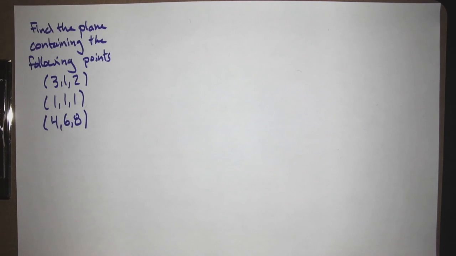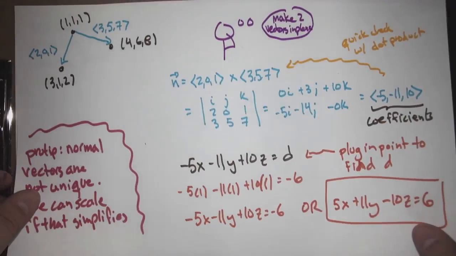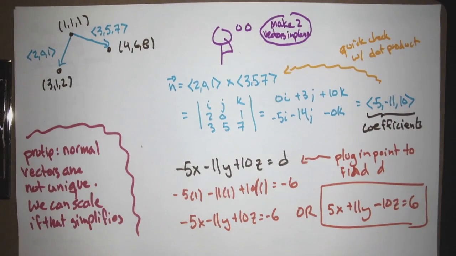I got something slightly different. I'm not saying I got it right. Did we get any other answers? 5x plus 11y minus 10z equals 6. Huh. That's what I got. 5x plus 11y minus 10z equals 6.